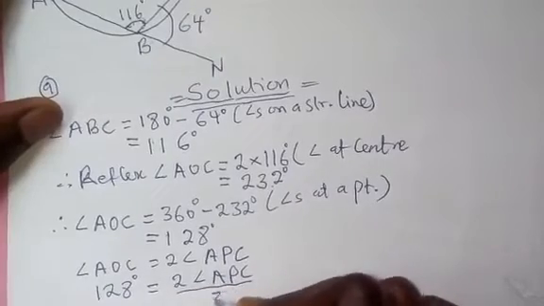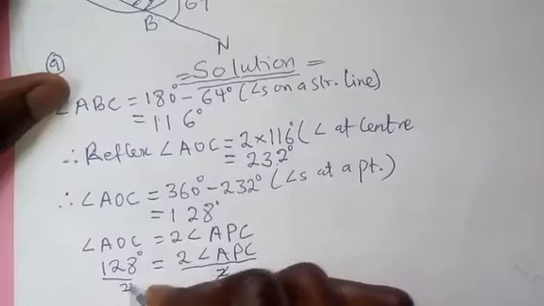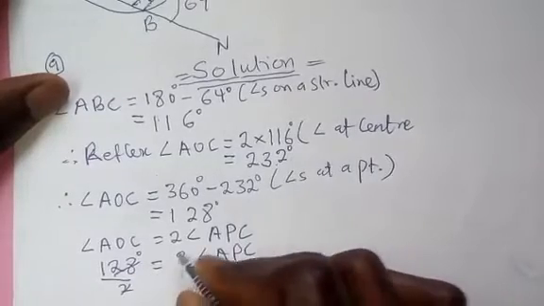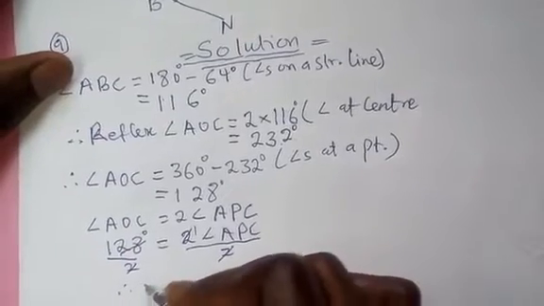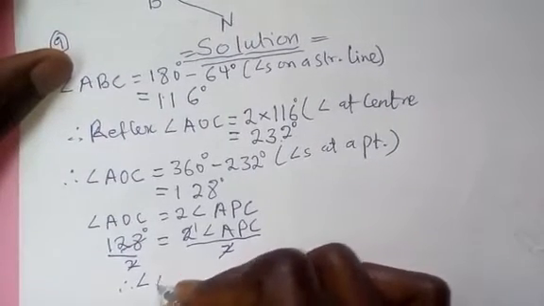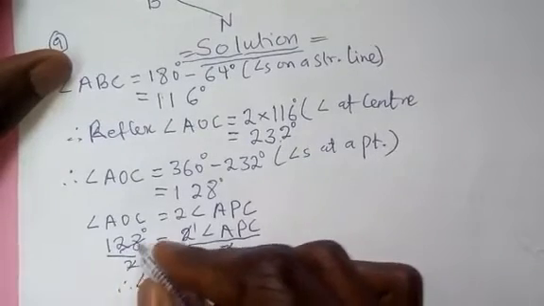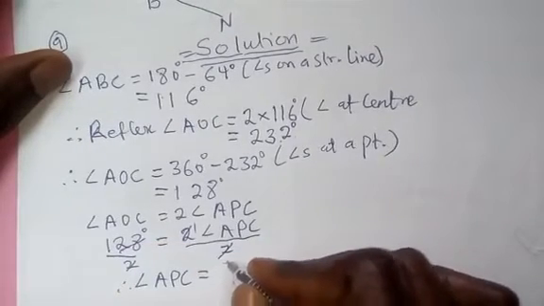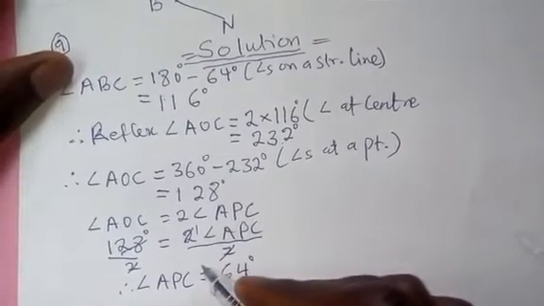So let's divide both sides by 2. If we do this division here, we are going to have the value, therefore, for angle APC to become 64 degrees, and there you have it.